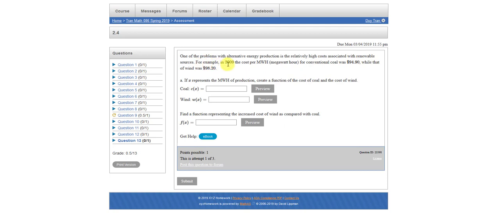For example, in 2009, the cost per megawatt hour for conventional coal was $94.90, while that of the wind was 98.20. Now let X represent the megawatt hours of production. Create a function of the cost of the coal and the cost of the wind.